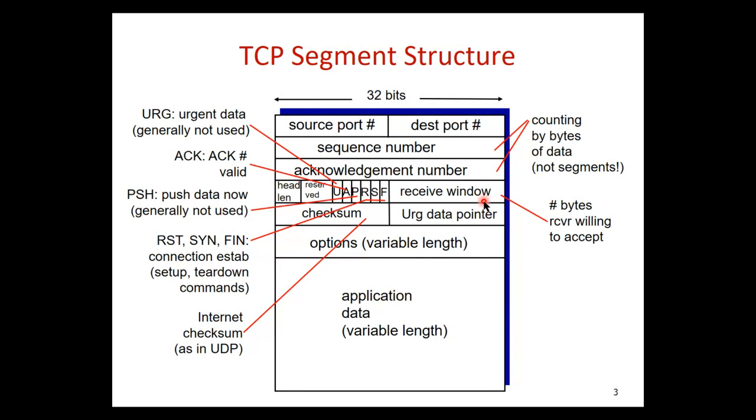Okay, so for example, if the scaling factor is 4 and the value here is let's say 64K, then the actual value of RWND is 64K multiplied by 4. This is a way to overcome the limitation of the 16 bits.